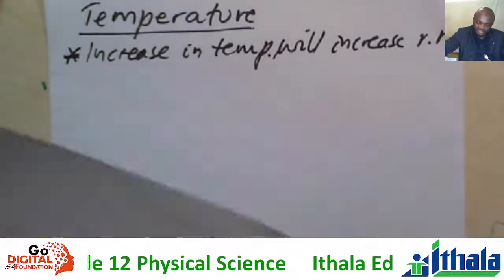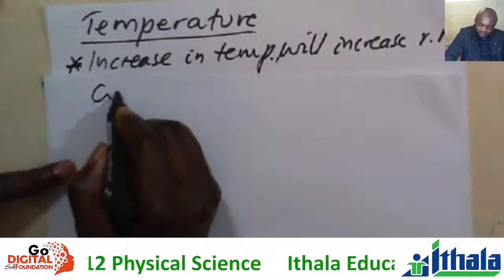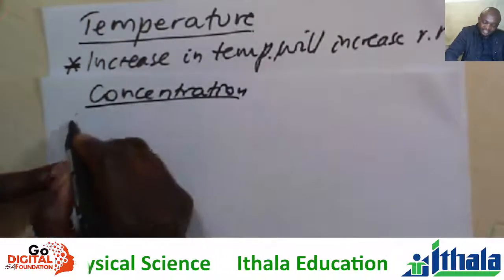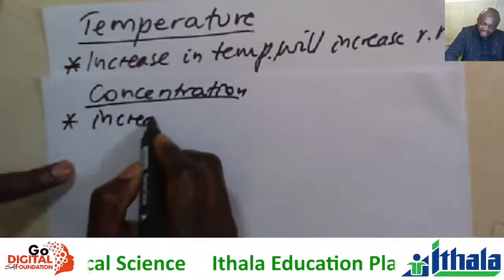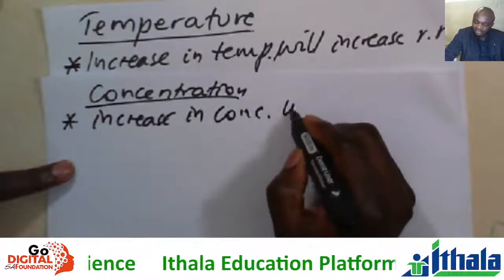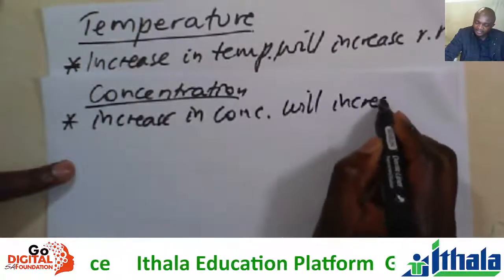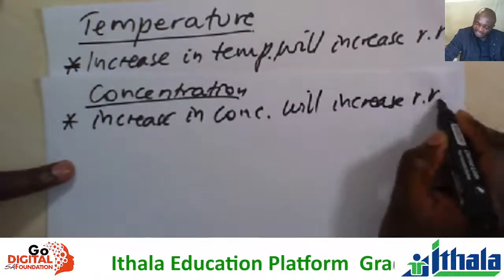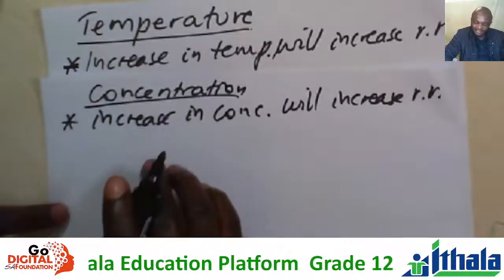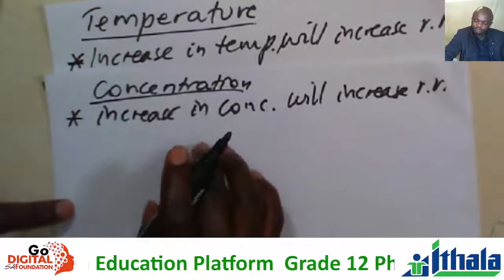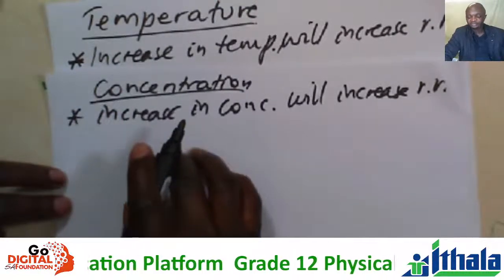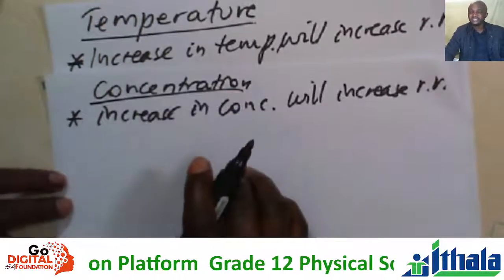When I explain about concentration, I will say an increase in the concentration of the reactant will increase the reaction rate. When I talk about pressure I will say the same thing, an increase in the pressure of the reactant will increase the reaction rate.